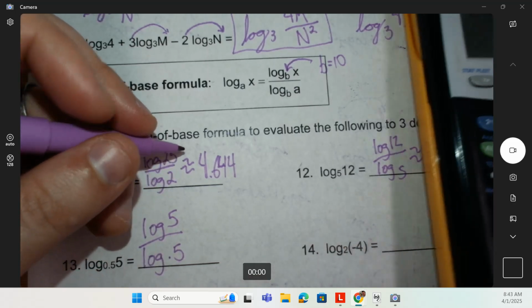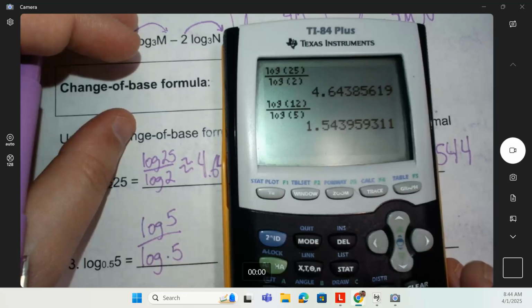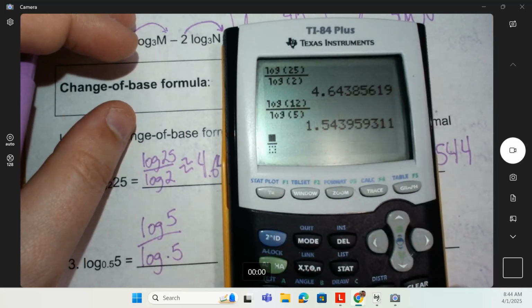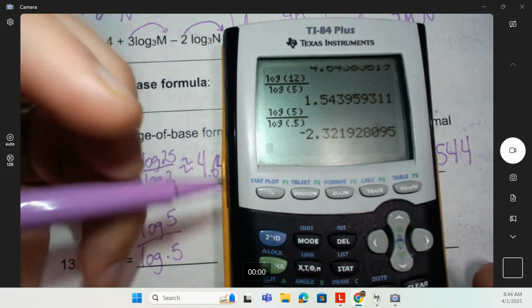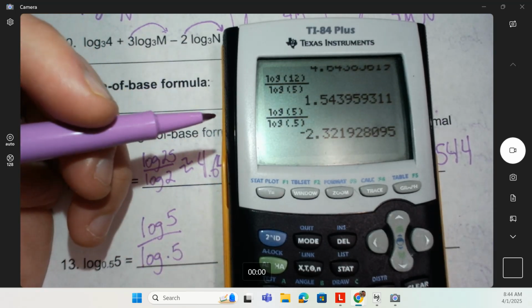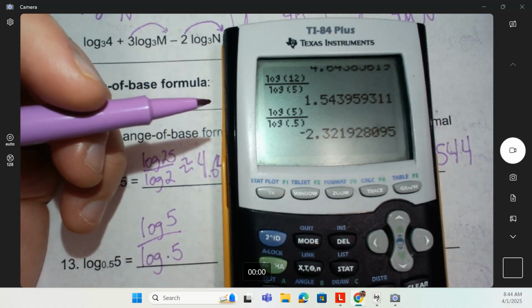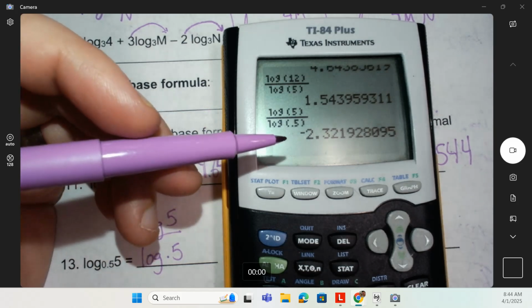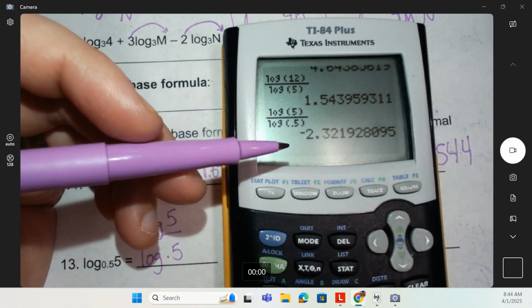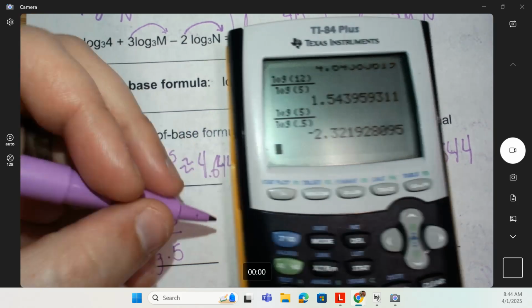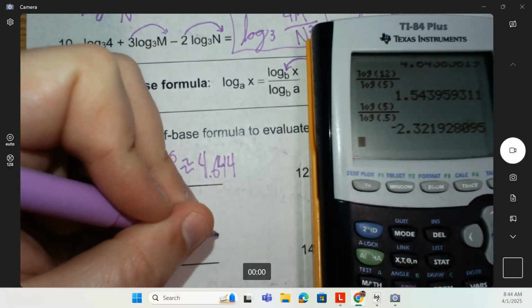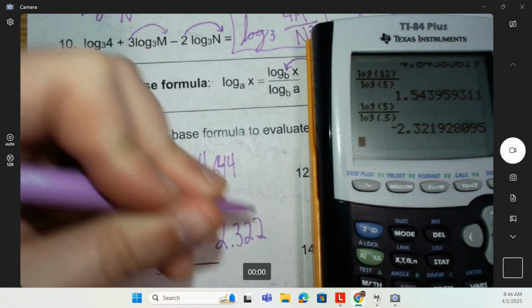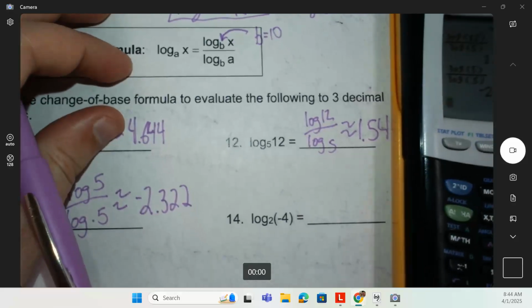And if we put that in the calculator, log of 5 over log of 0.5, we get a negative number, just meaning that our answer would be a fraction, or so it'd be something to the negative 2.322 power. So negative 2.322.